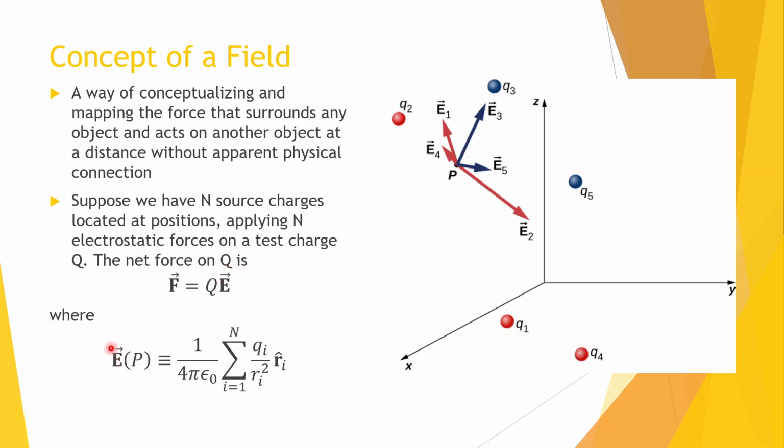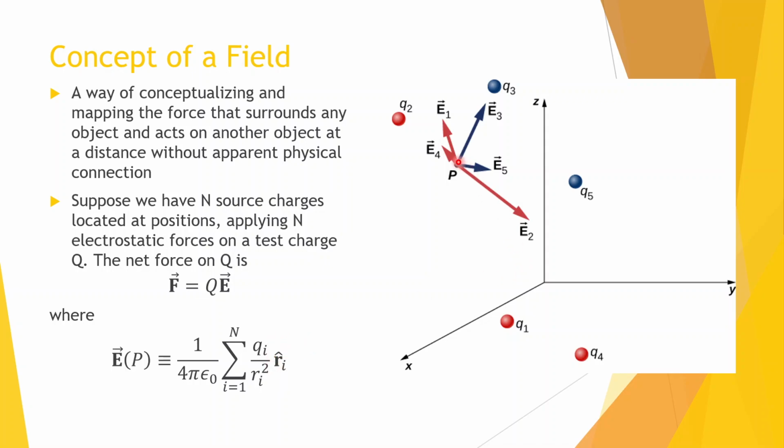So our electric field at any point P, which in this diagram here would be here, point P, is defined as 1 over 4 pi epsilon naught times the summation of Qi divided by r i squared, and this is giving our direction r hat sub i.